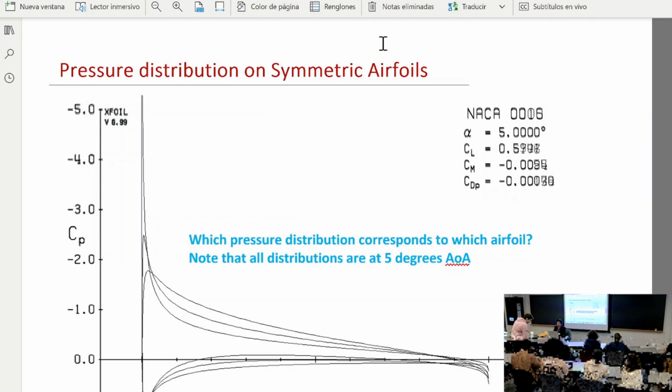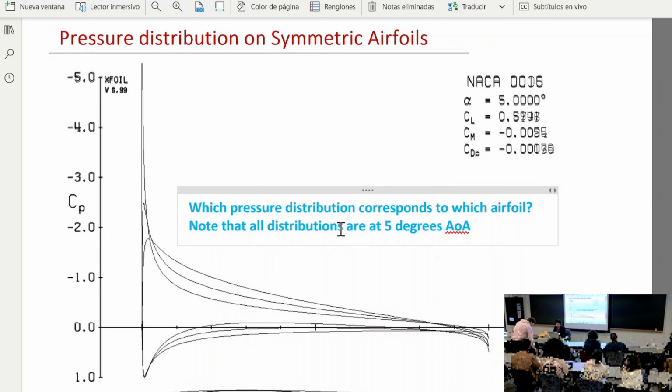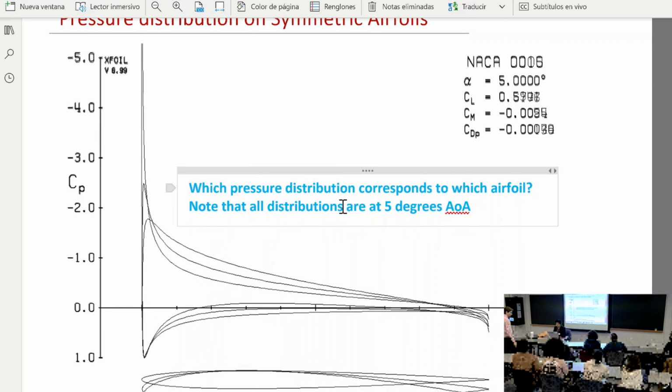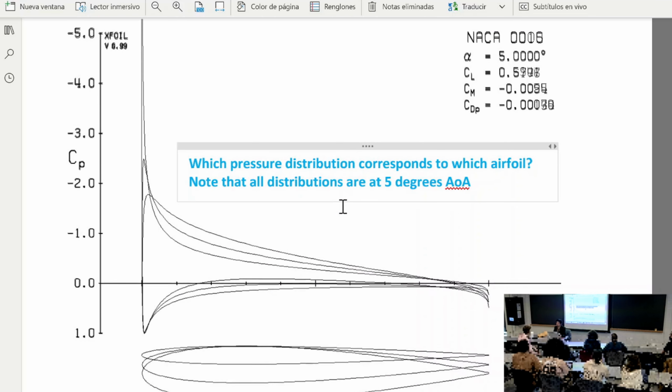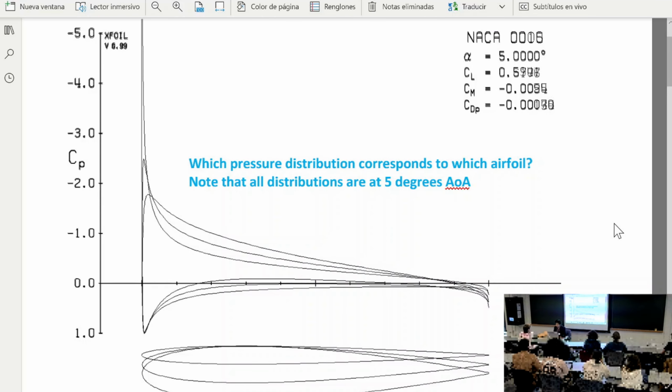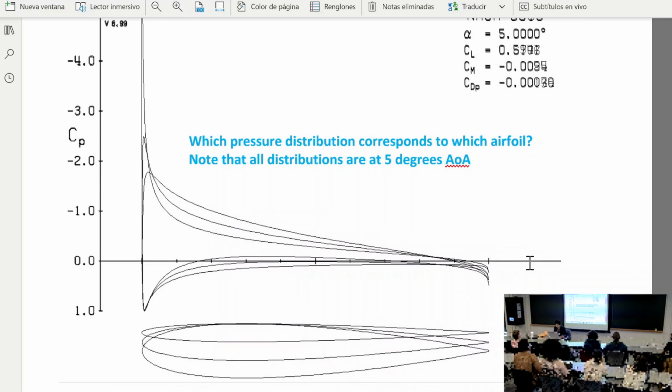So for example, here is a question that I think would be testing just one aspect of thin airfoil theory. Basically I'm overlaying the XFOIL calculation of 3 different airfoils. They are all symmetric, except one is super thin, the other is moderately thin, and the third one is thicker.